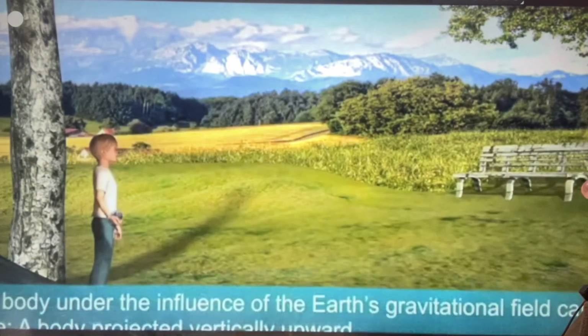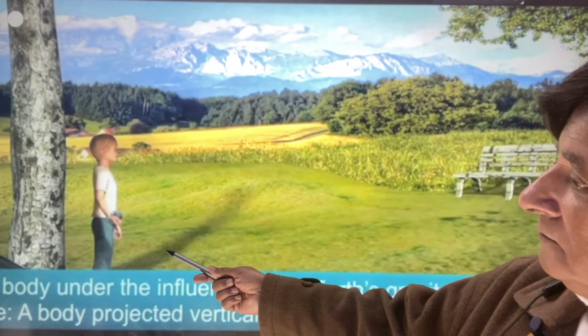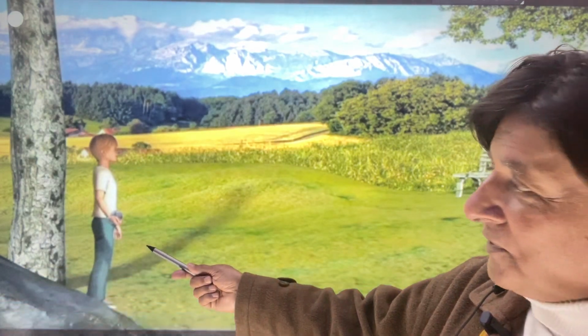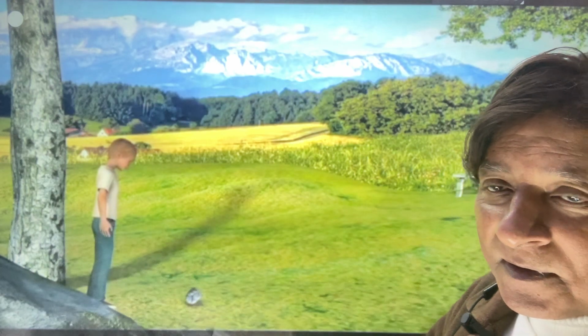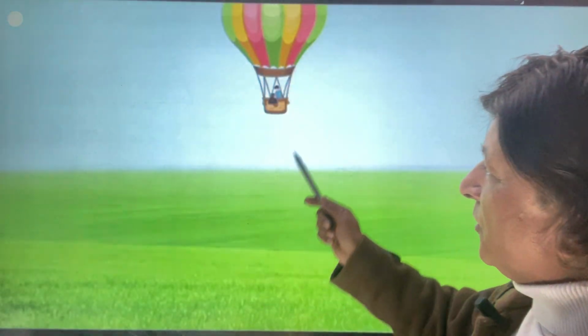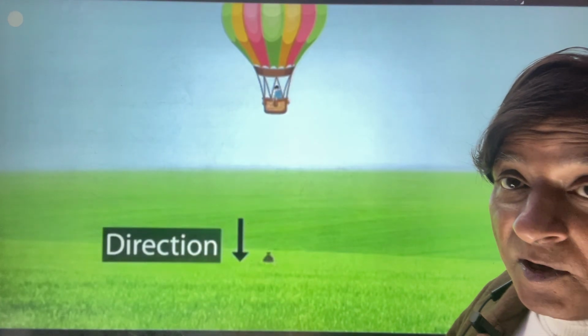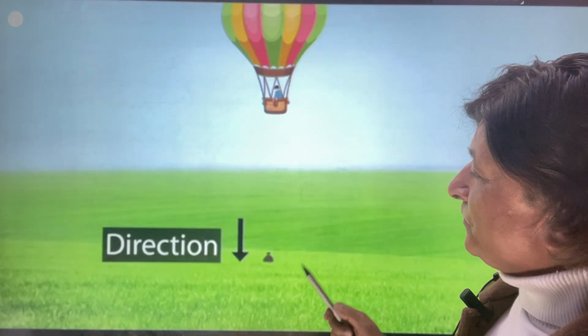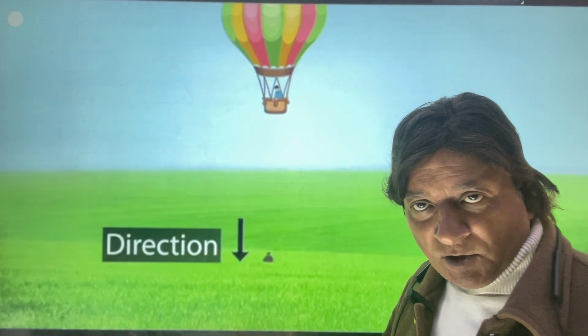That is gravity. Similarly, this boy with a ball or stone, it falls down due to gravity. From the hot air balloon, the direction is down, due to gravity. This is one dimensional motion. So gravity is what?